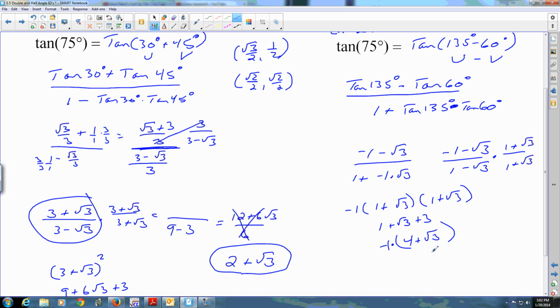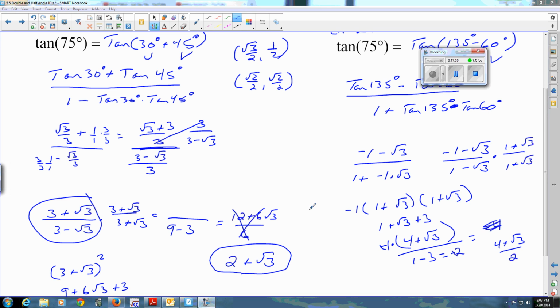Oh, I'm getting a bad feeling in my stomach. And the bottom is the difference of squares pattern. So that's 1 minus 3, which is negative 2. I'm getting a bad feeling in my stomach. Where did I leave it? Okay. Negative 4. Oh, how about this? This negative is going to cancel out. So I have 4 plus the square root of 3 over 2. Let me pause this, guys, find my mistake, and I'll be back.